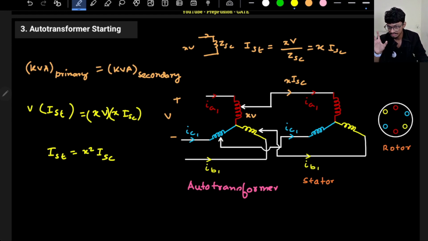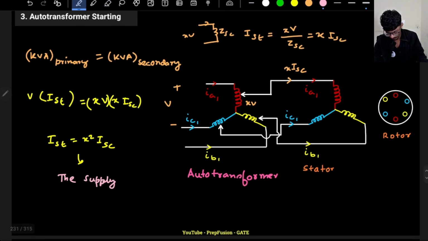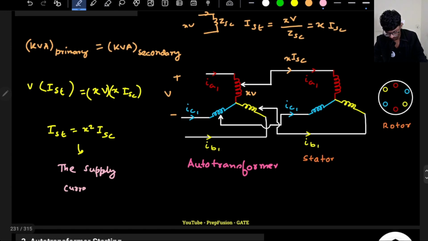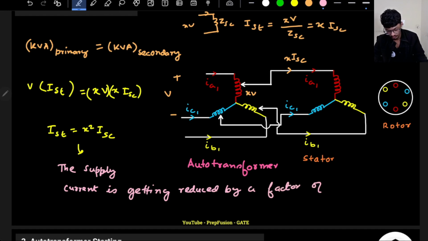With the stator resistance, the supply current was only getting reduced by a factor of X. But here the advantage is that the supply current is reduced by a factor of X square. Hence the torque.